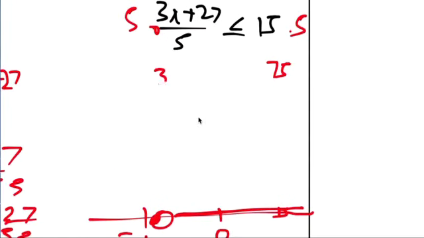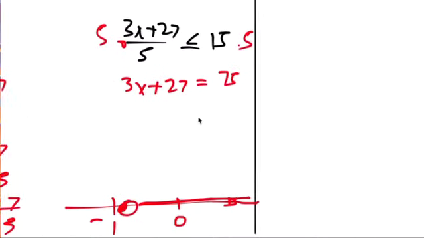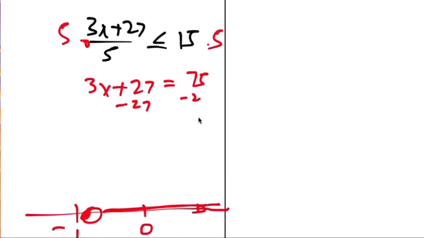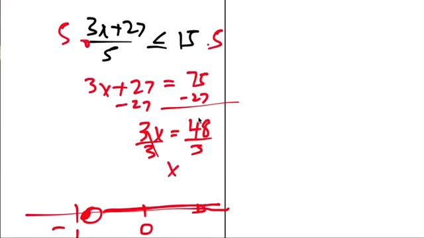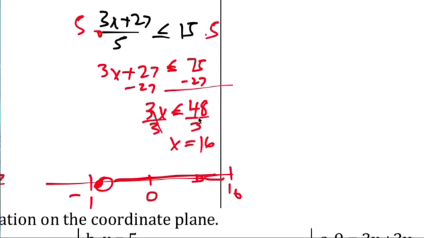It's 75, 3x plus 27 equals 75. 648, divide by 3, x is 16. 16 somewhere over here, x is less than or equal to.